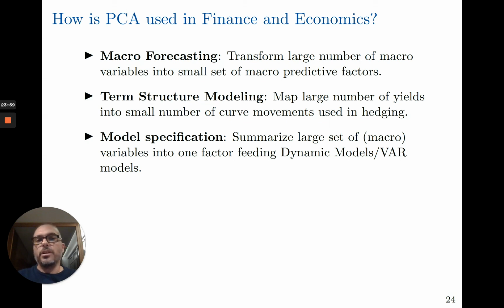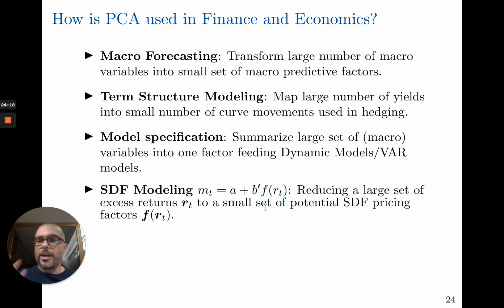And you can also summarize a large set of variables and feed these principal components into dynamic models or VAR models, vector autoregressive models, to forecast, for instance, volatility, macro variables, asset prices, and so on.